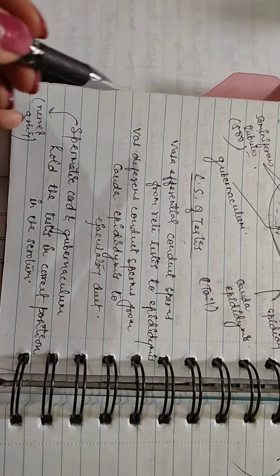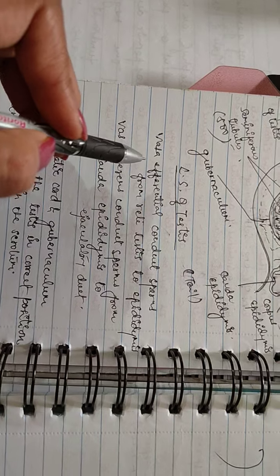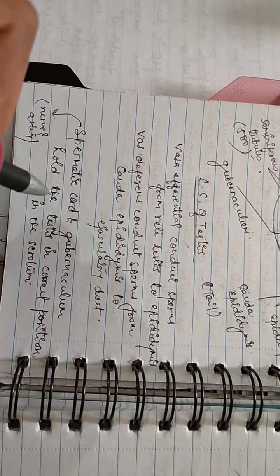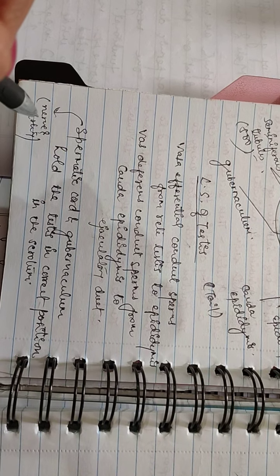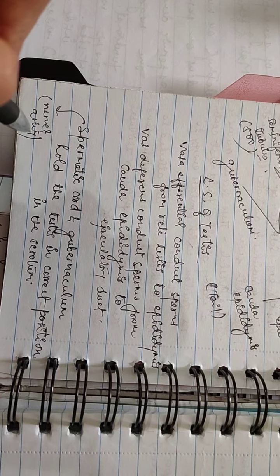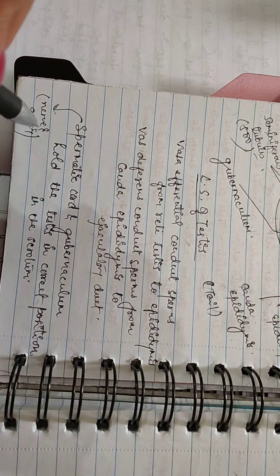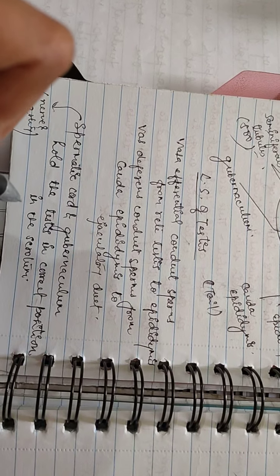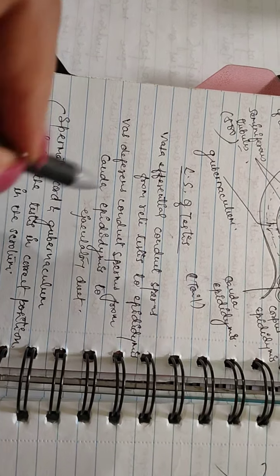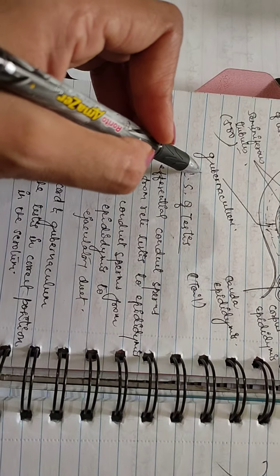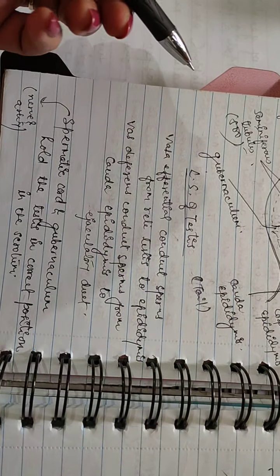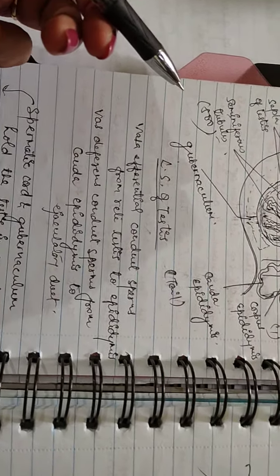As I have written here, the spermatic cord is the collection of nerves and artery, and the gubernaculum holds the testis in correct position in the scrotum. So the function of the gubernaculum is to hold the testis in correct position.